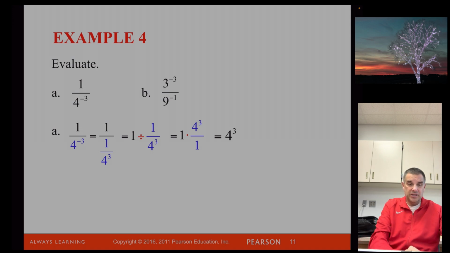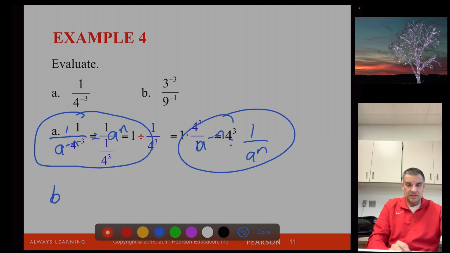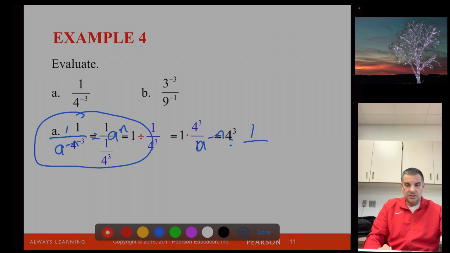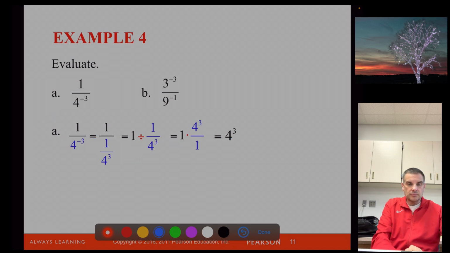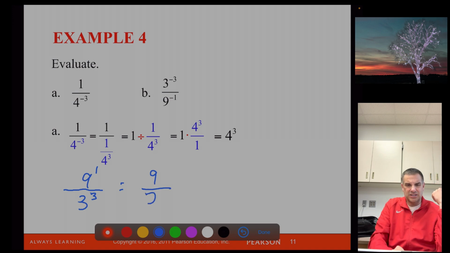And if you think about this b, I'm not going to do it the way they do it, because if I do it the way they do it, it's just going to get confusing as all heck. If you think about it, 3 to the negative third, I can move that to the bottom. 9 to the negative 1, I can move that to the top. 9 to the first is just 9. 3 to the third, 3 times 3 times 3 is 27.